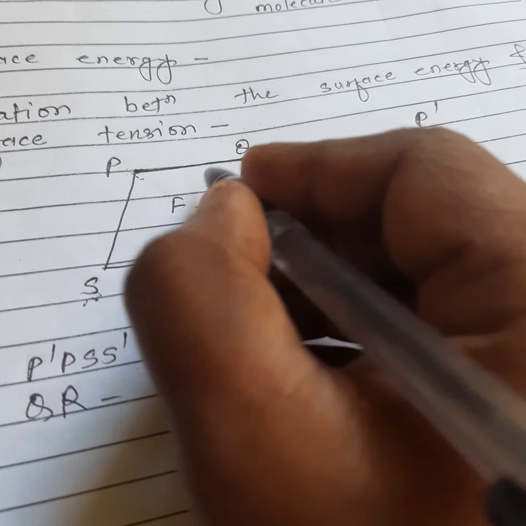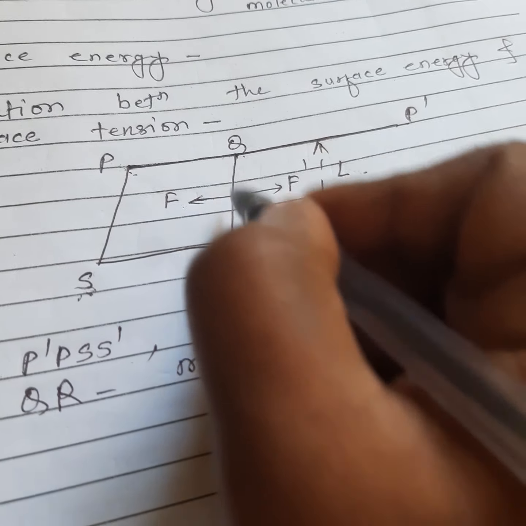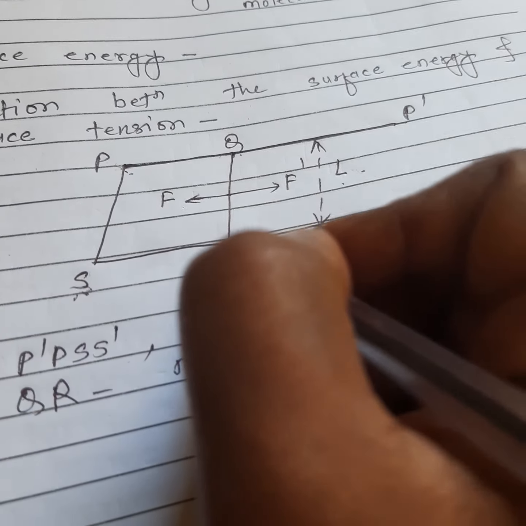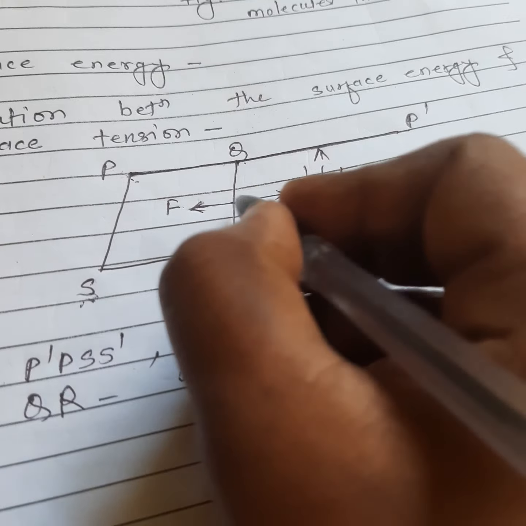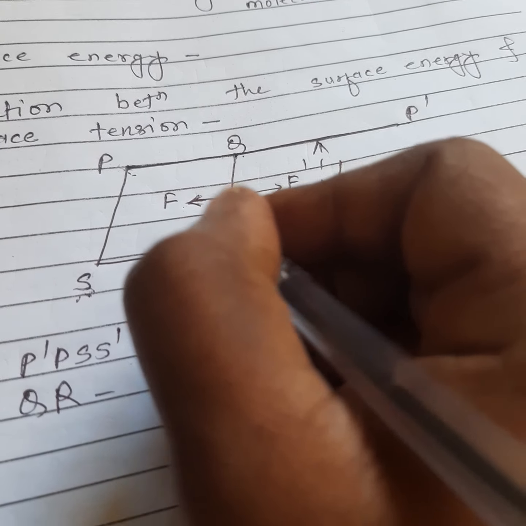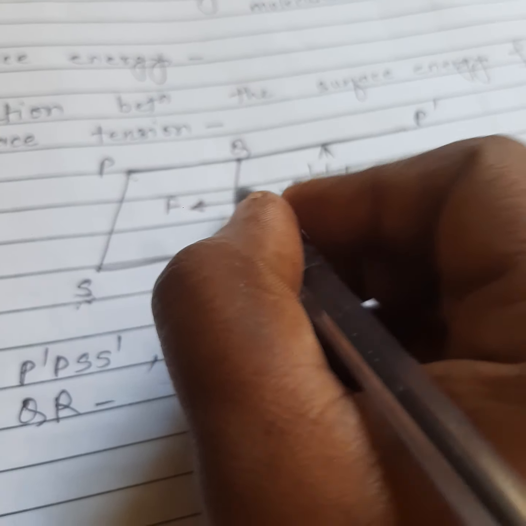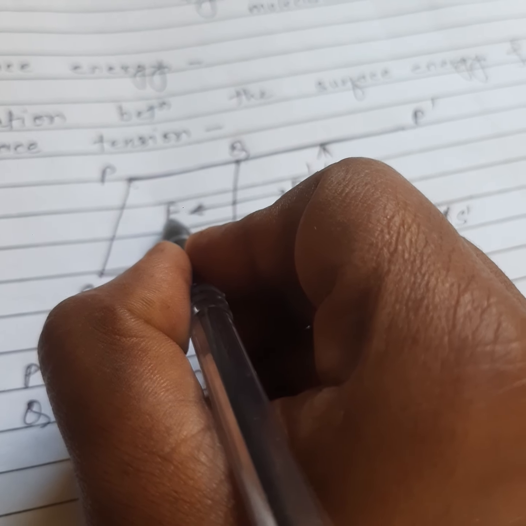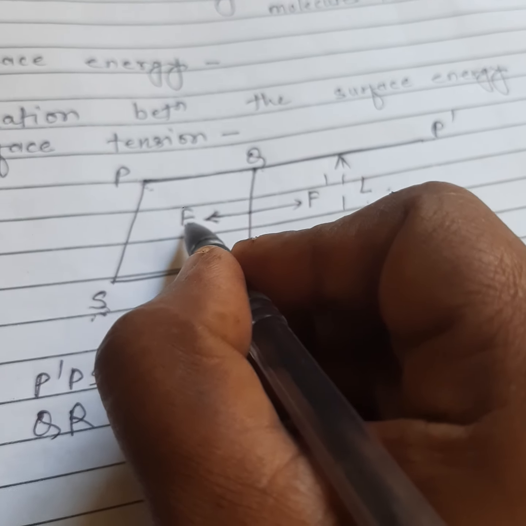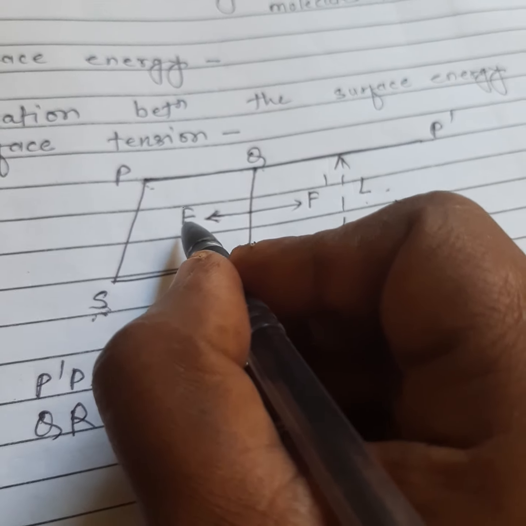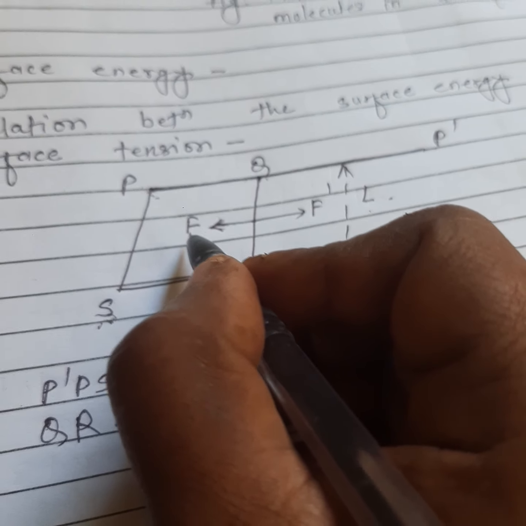So all the arms of the soap film are acted upon by a cohesive force F to reduce the surface area of soap film.